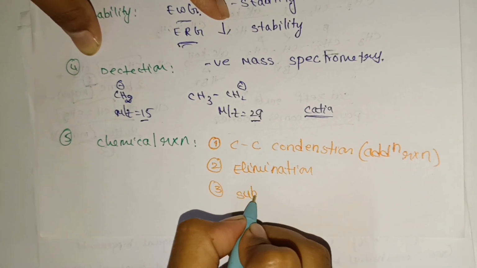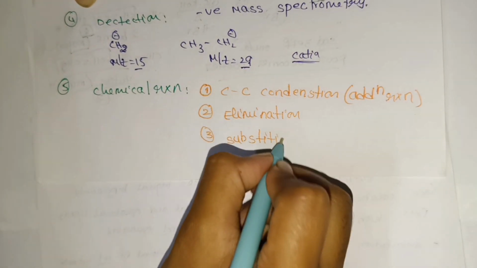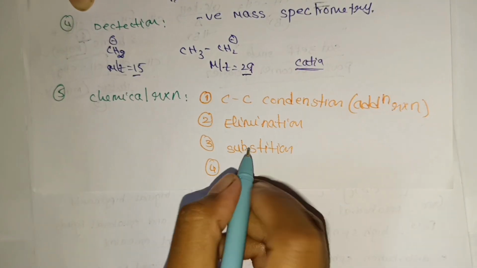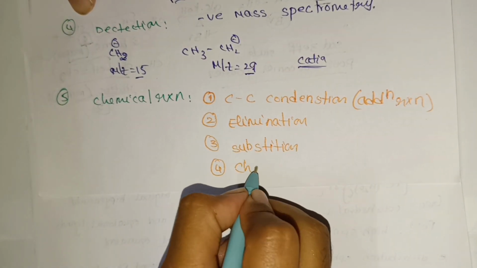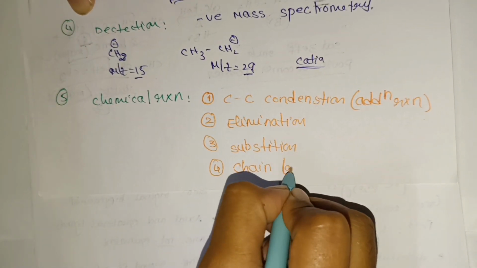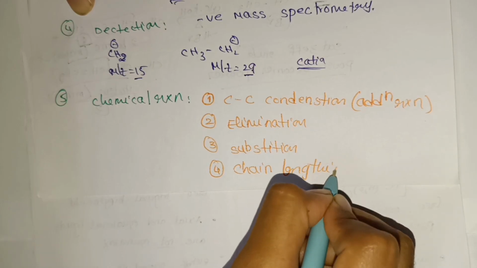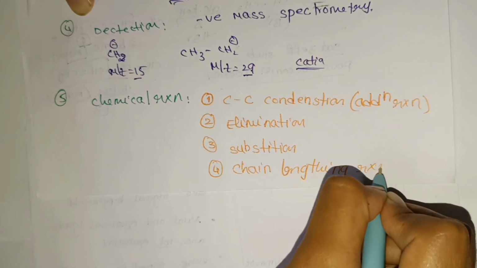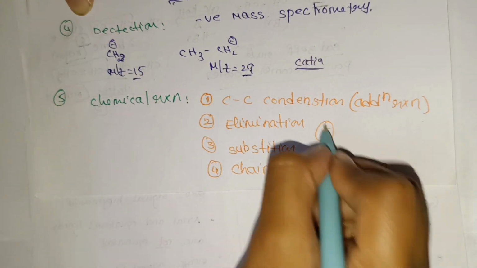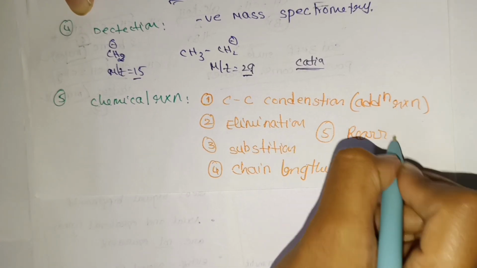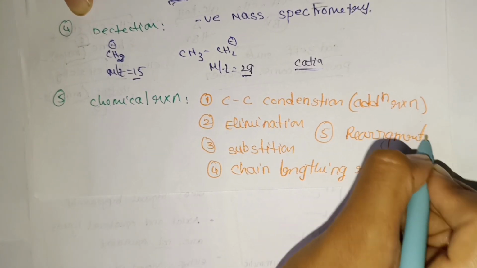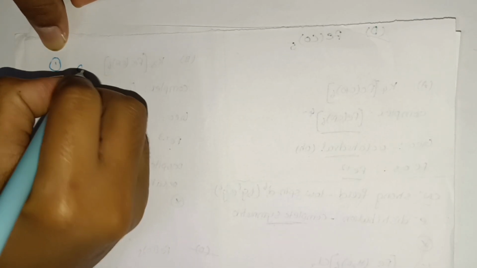The third one is substitution reaction. The fourth one is chain lengthening reaction. Finally, the fifth one is rearrangement reactions.